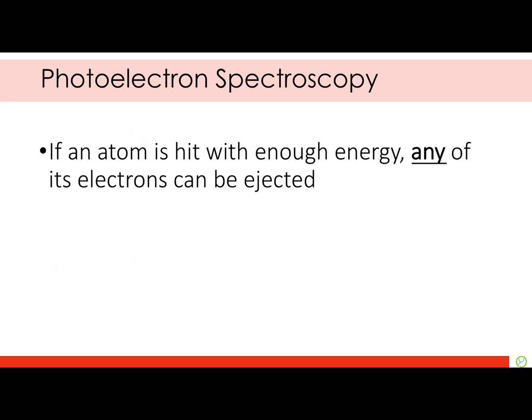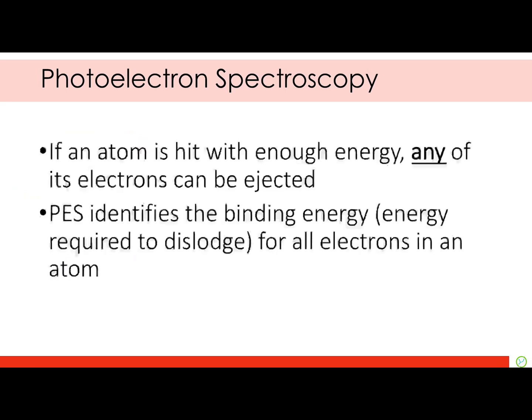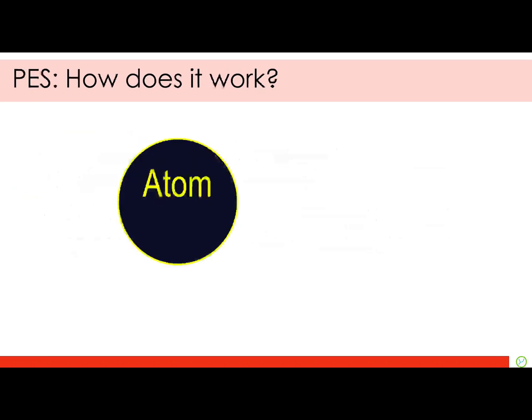So photoelectron spectroscopy says that if an atom is hit with enough energy, any of its electrons can be ejected. Going back to that lithium example, as long as we exceeded the energy threshold of that third electron, any of those electrons could be ejected. So photoelectron spectroscopy identifies how much energy it's going to require to remove all of the electrons in an atom.